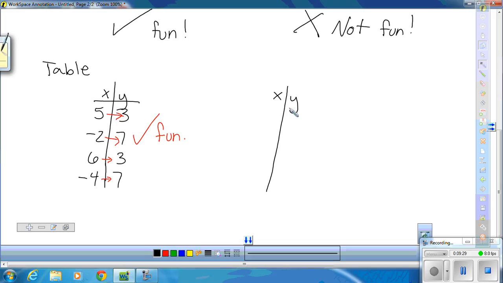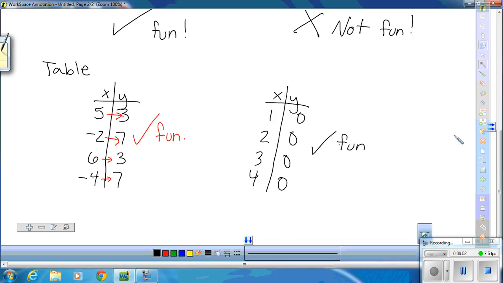I could have a table and I could have 1, 2, 3, 4, and all these inputs are different, but I get the same output every time. That is still a function because every time I plug in 1, I get 0. It's consistent. I can't plug in 1 and get a different answer.